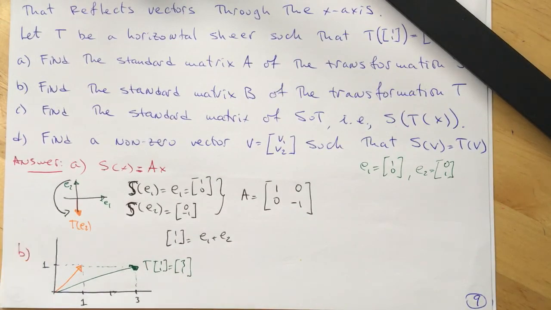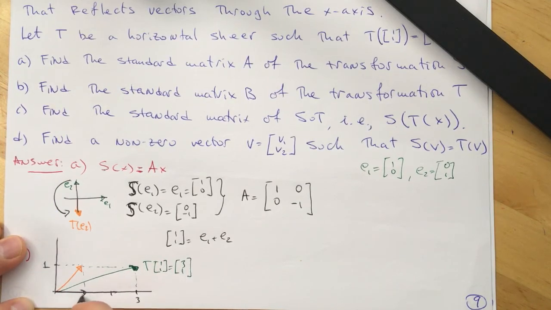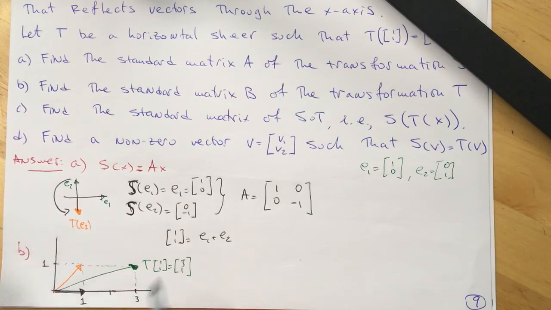And this is going to stay at its place. This vector here, in a horizontal shear, (1, 0) stays at its place. So how are we going to define this sum? The vector (3, 1) is the sum of the vector (1, 0) plus this vector right here.